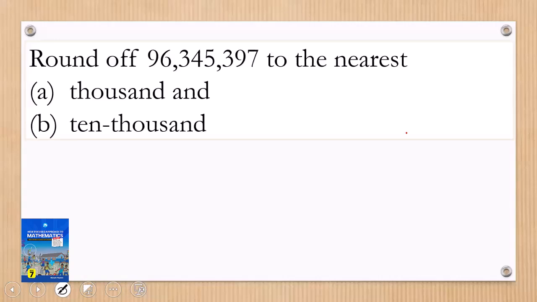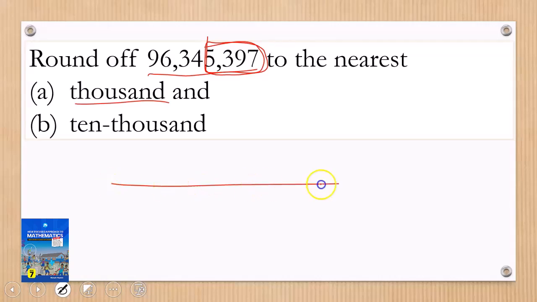Good. Now let's look at it in terms of thousands and 10,000s. This number we are going to round to the nearest 1,000 first, then we go to the nearest 10,000. The number is 96,345,397. To the nearest 1,000, our concentration is on the thousands digit, which is 5,397, and that lies between 5,000 and 6,000.